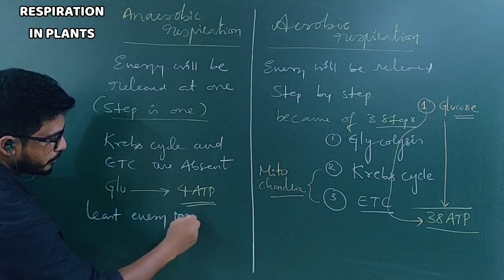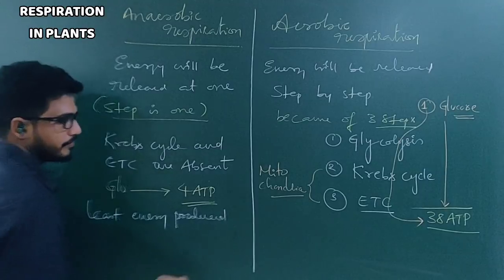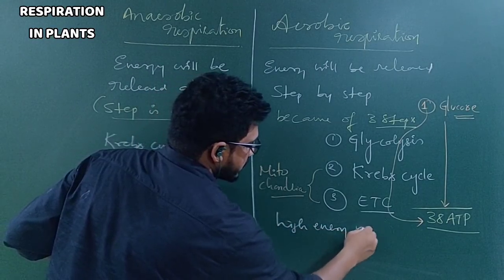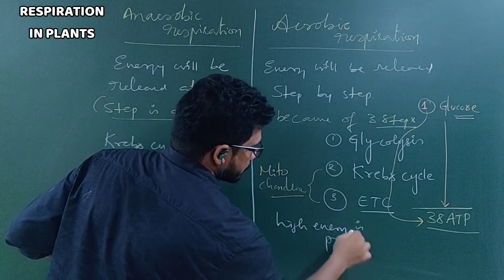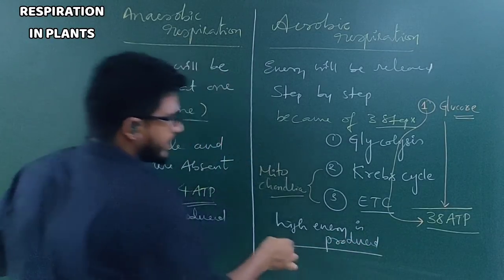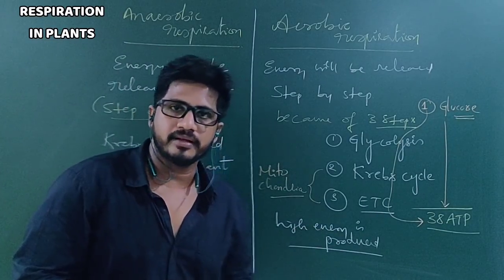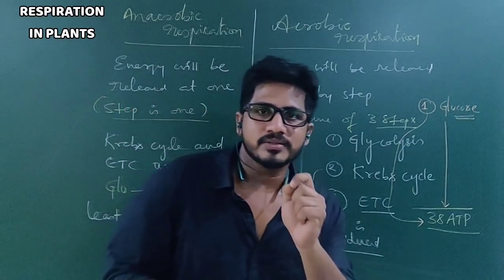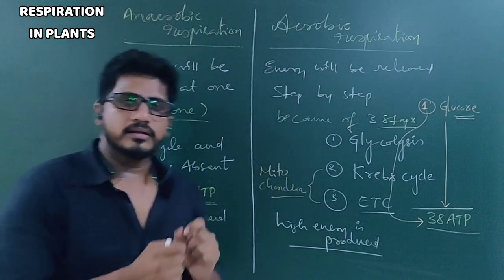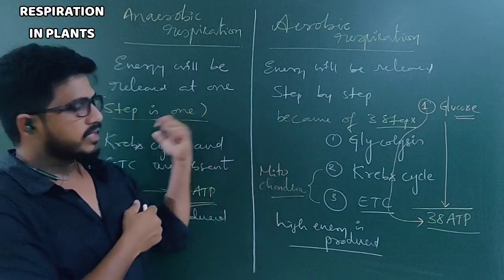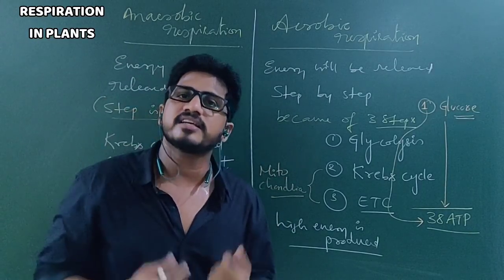The reason why high energy is produced is the 3 steps. All 3 steps result in 38 ATP. 38 ATP is more than 4 ATP, so compared to anaerobic respiration, the energy yield in aerobic respiration is more.